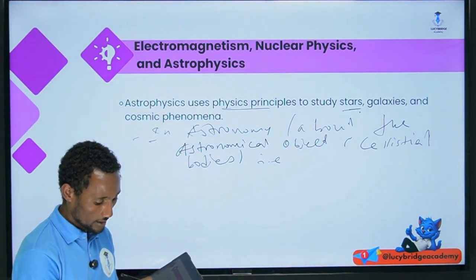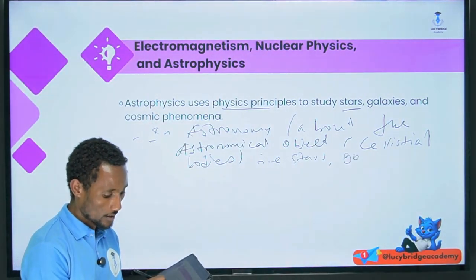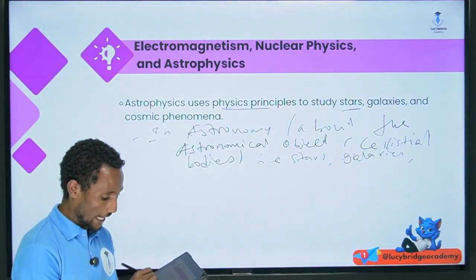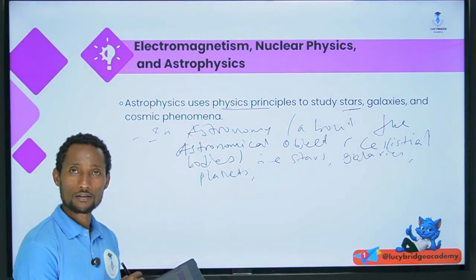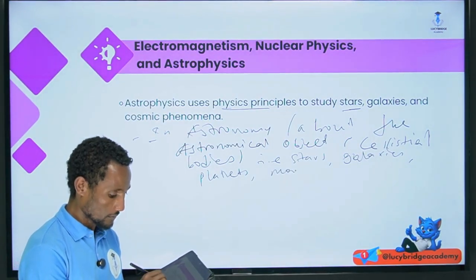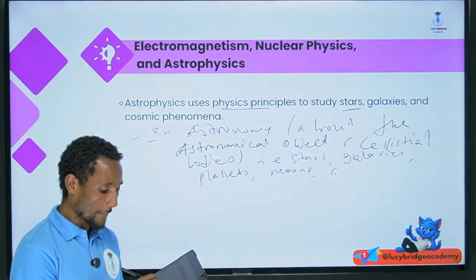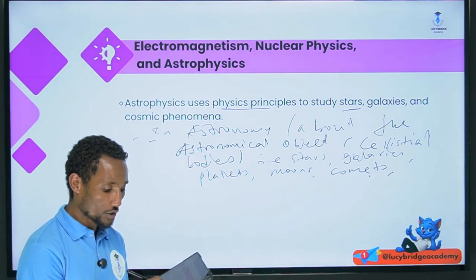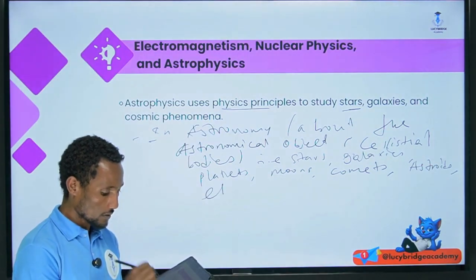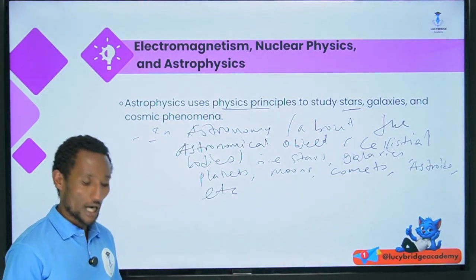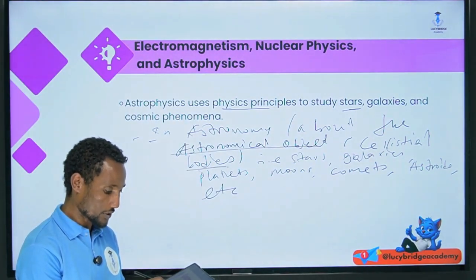Such as stars, galaxies, planets, moons, comets, asteroids, and so on. And so, these are what we call the celestial bodies, or astronomical objects.